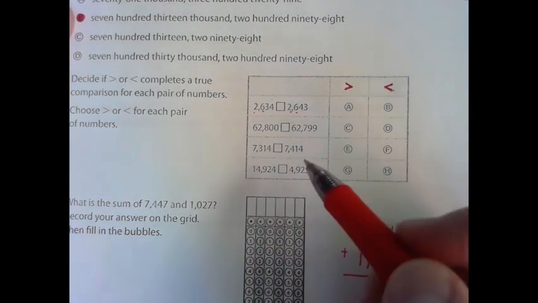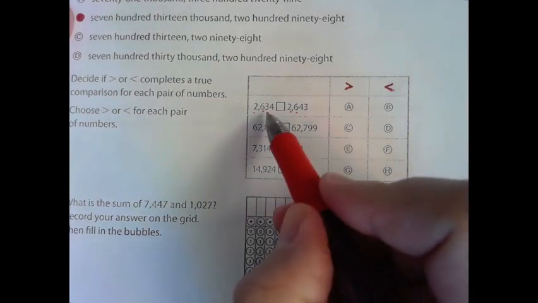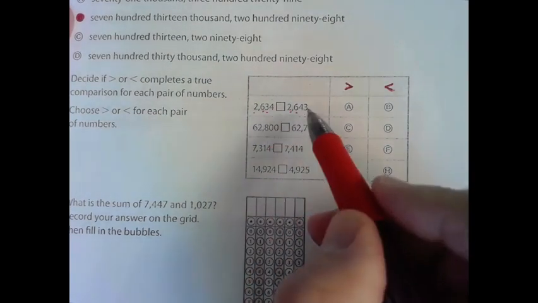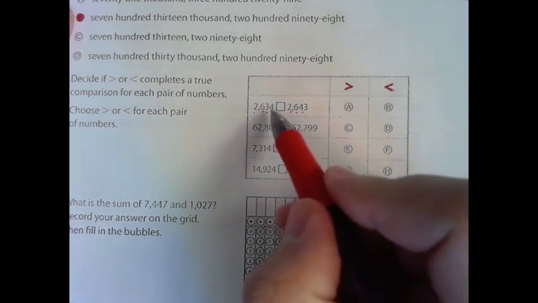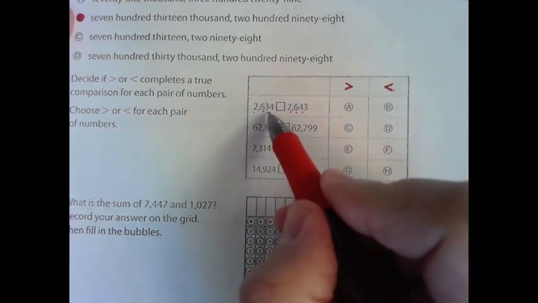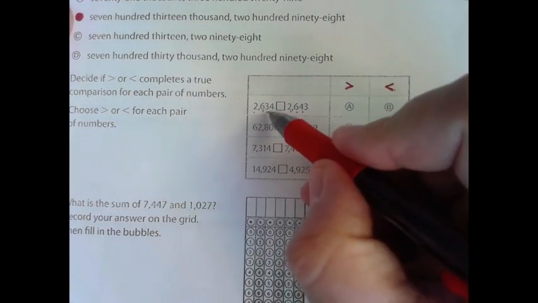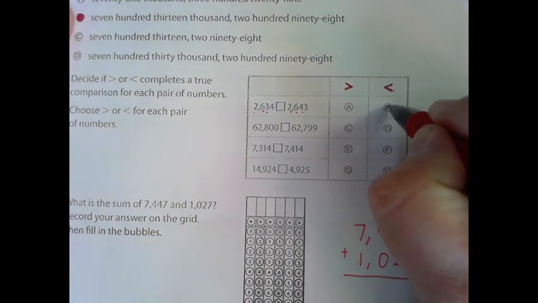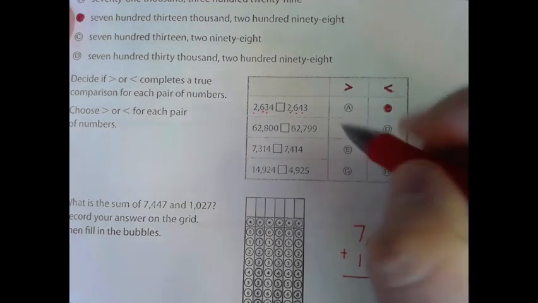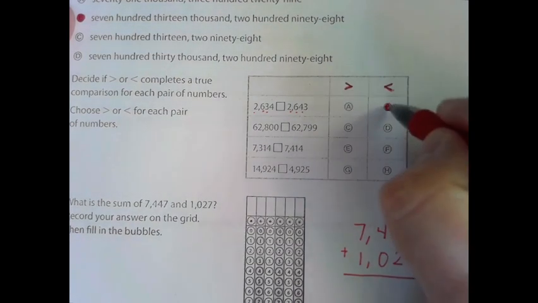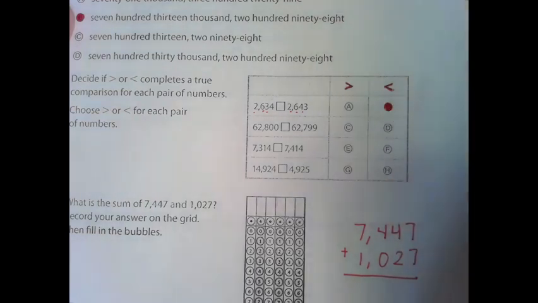And so far they're the same value. Then we get to the tens. We have 3 tens, 4 tens here. So because it has less tens, this means that it's less than. So 2,634 is less than 2,643. So because it's less than, we are coloring in the bubble here on the right.